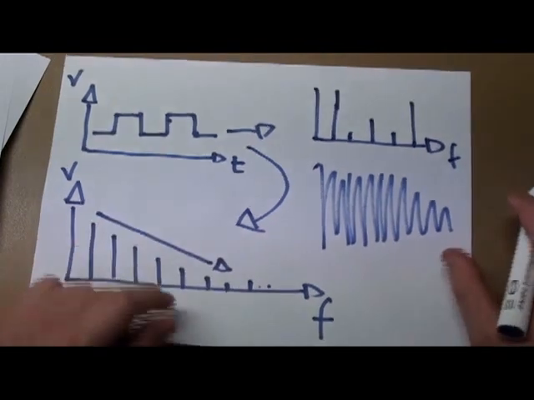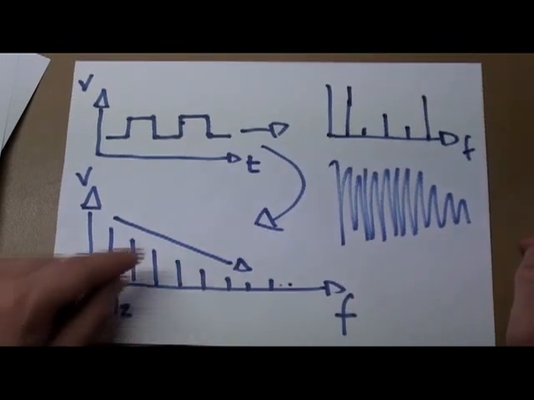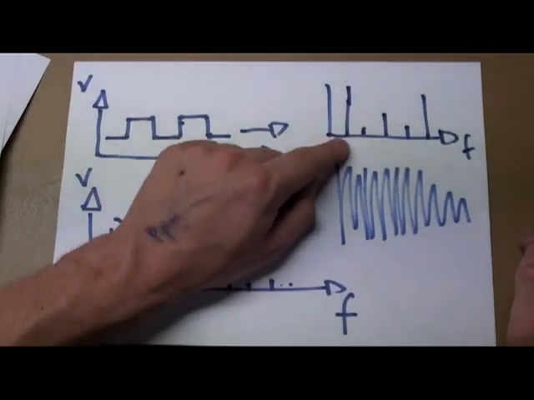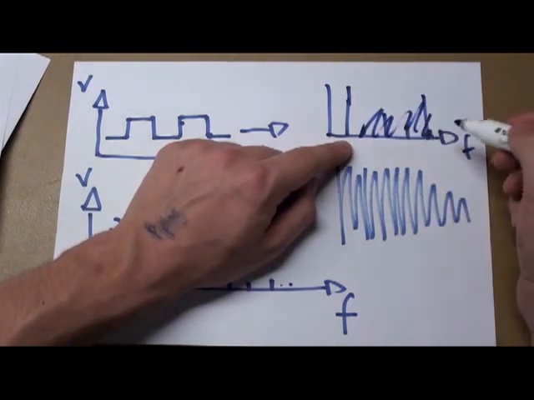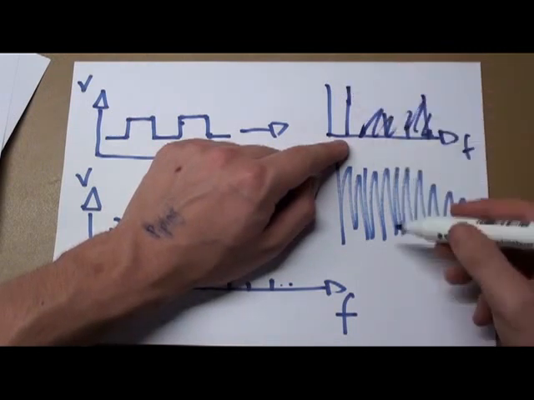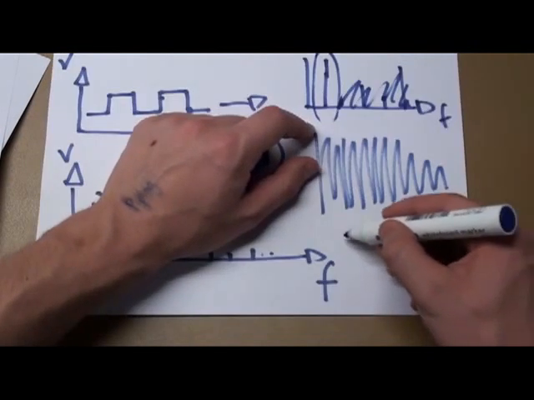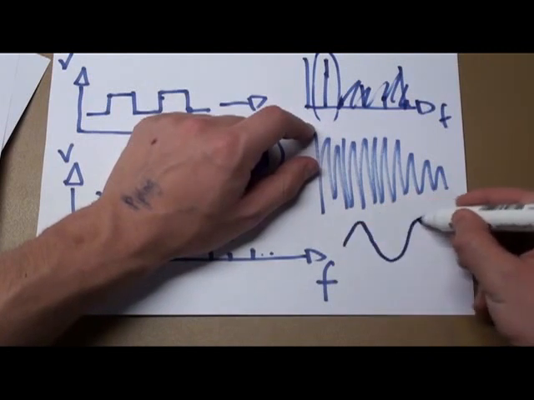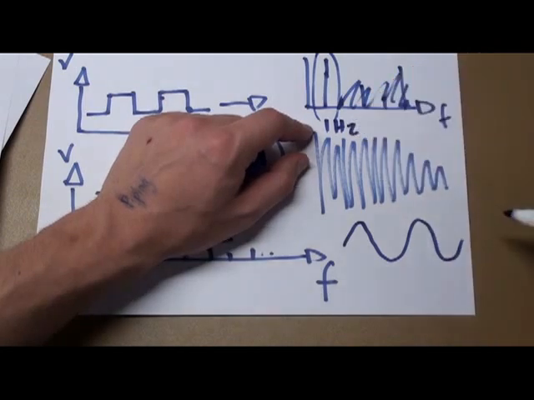So what we want is a circuit that can say, I'm not really that interested in anything past this. It would be nice if we could just delete these, and then all we have left over is this one thing, which will be a nice clean sine wave of, let's say, 1 Hertz.